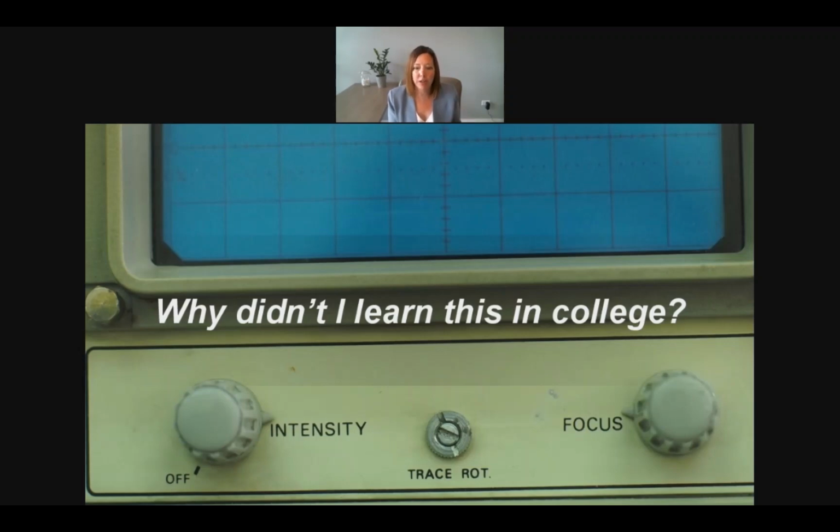What we know is that the intensity of our universal tier or tier one instruction, as well as the skills focus for that work, will need to vary based upon the background knowledge and needs of our students. And the important goal, though, is that we need to make sure that our universal tier instruction is effective for the vast majority of students in our building, or we're going to have difficulty having a system that supports all learners. And those are the things that I didn't learn in college.